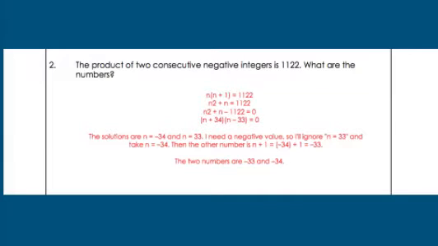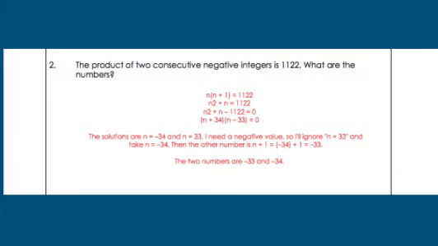We subtract 1,122 from both sides, and you get n squared plus n minus 1,122 equals 0, and then we factor that, and we have n plus 34 times n minus 33 equals 0.